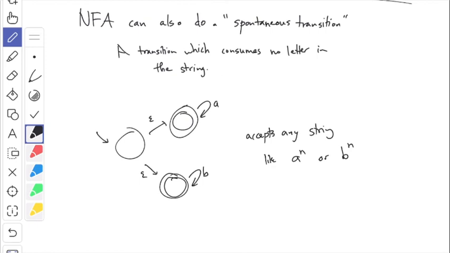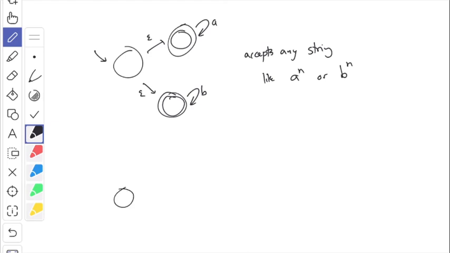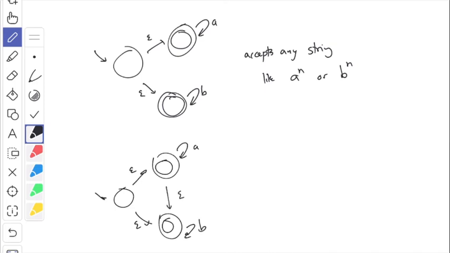How about this? I've got one little variation, using some more epsilons here. How about this one? What do you think about that? Does it make any difference if you put the epsilon in there? I think it does. Any thoughts?